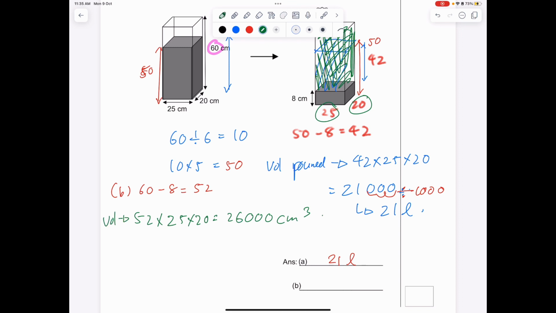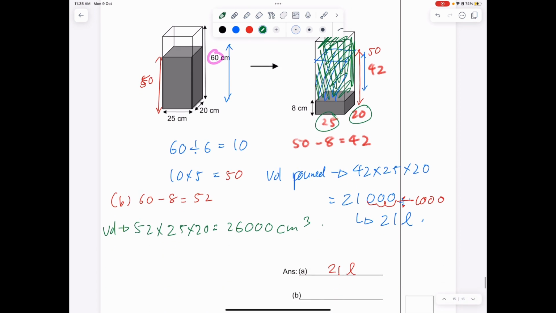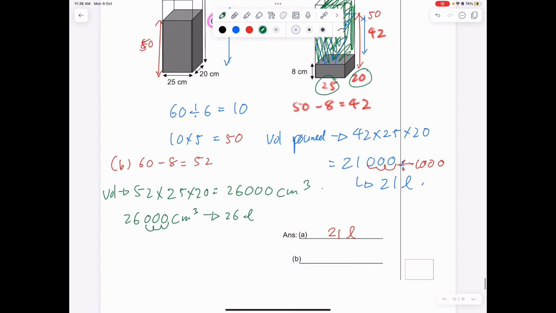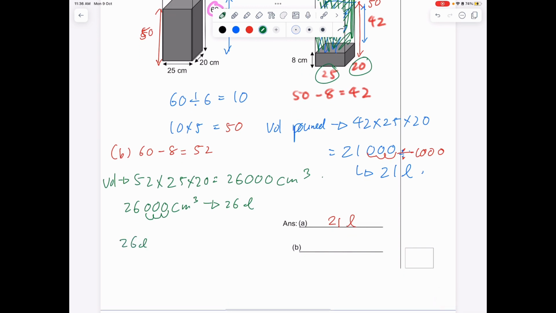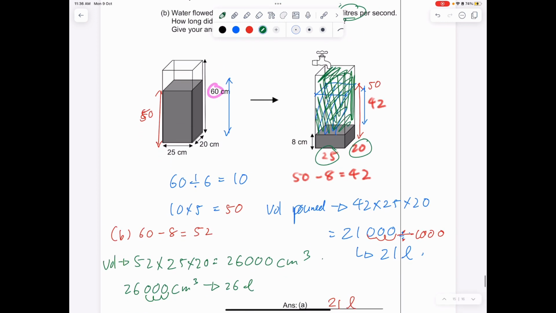Then now after that, they tell you 0.25 liters. Because this is in liters, you have to convert your 26000 cm cubed to liters, which is divide by 1000, so it's 26 liters. Then you will take 26 liters, divide by 0.25.